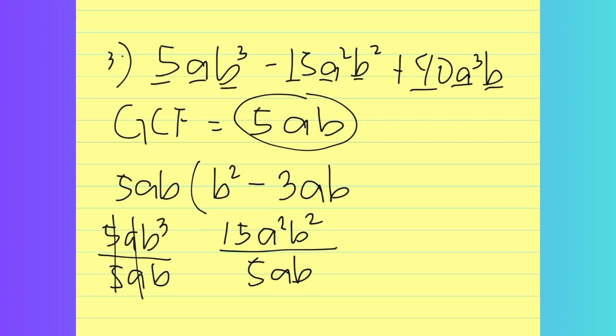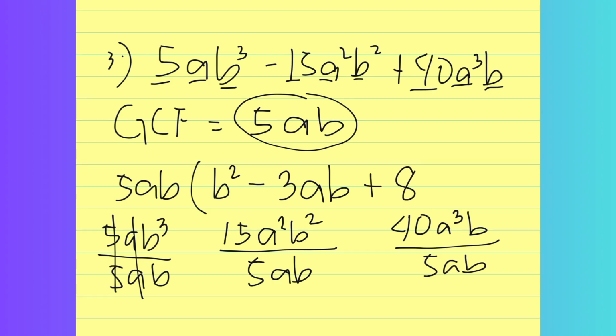Then again, for the third term, copy the operation, which is addition, and divide the last term by our greatest common factor, 5ab. Now, 40 divided by 5, we have 8.